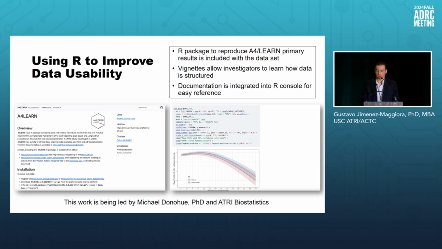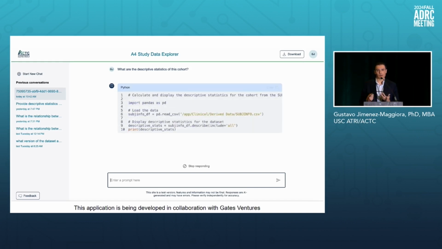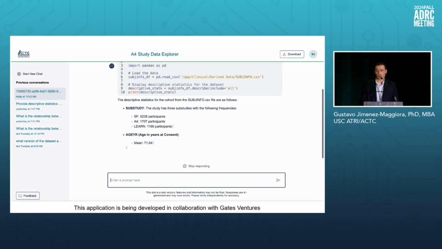The second initiative is work that we've been doing with Gates Ventures to develop a chat-like interface that uses a large language model to allow investigators to use natural language prompts to explore the A4 data by simply submitting a natural language query.